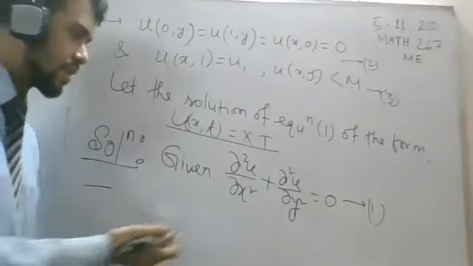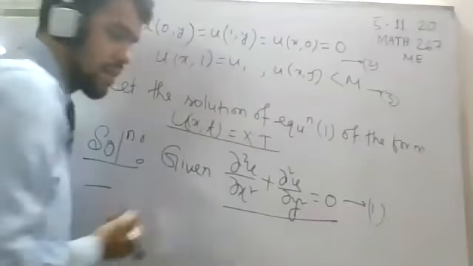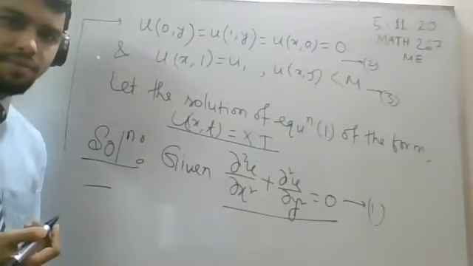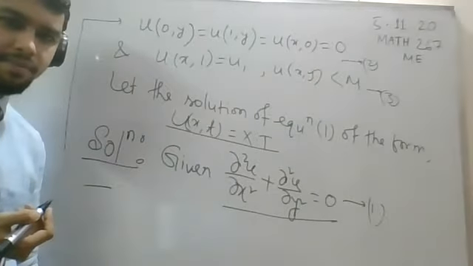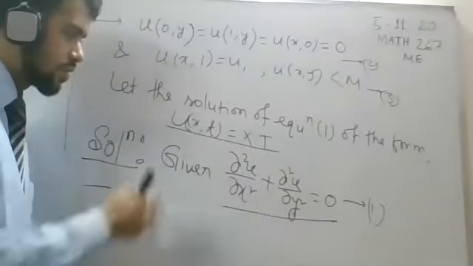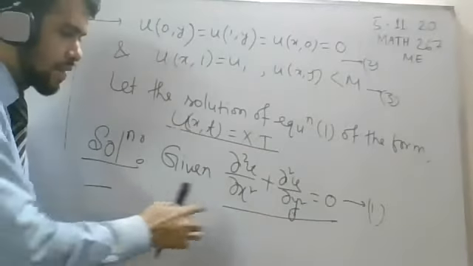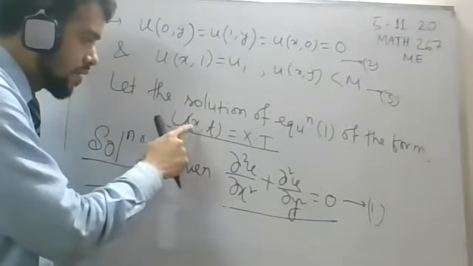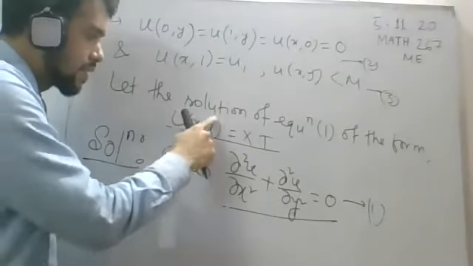But here, is there any t variable? No sir. What is there? y, sir. So x, y and u. So u is the dependent variable and x and y are the independent variables. So u is a function of x and y only.